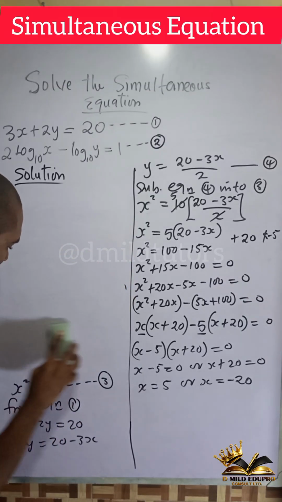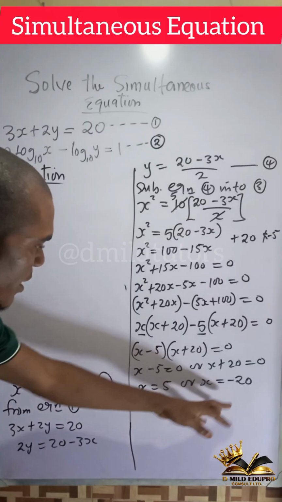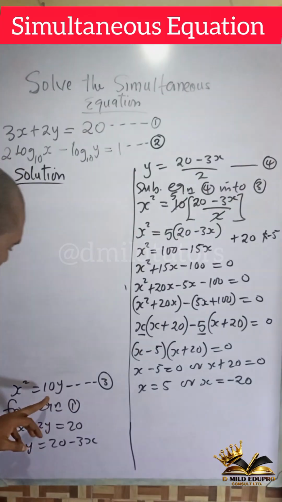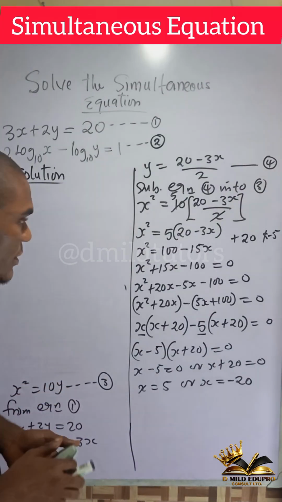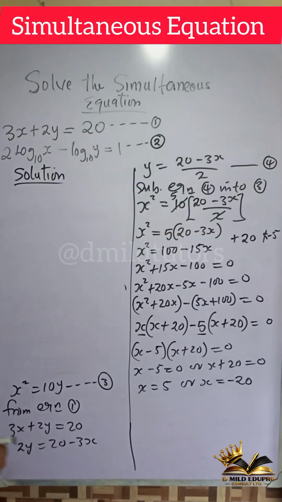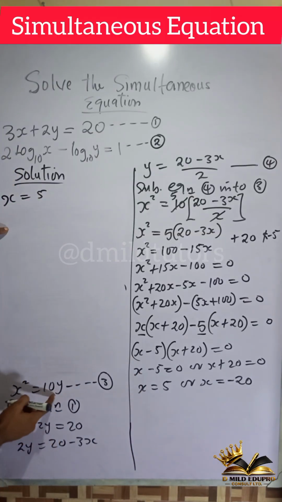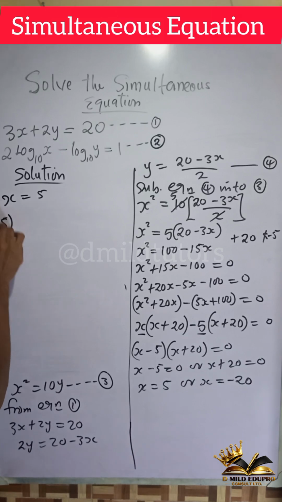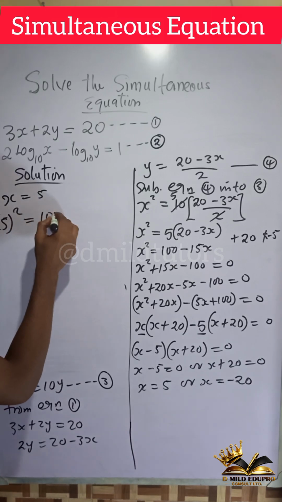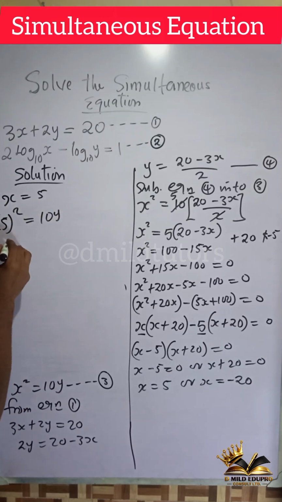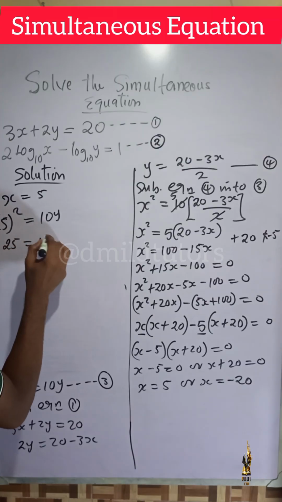So here, to get the value of y, we can now substitute each of these values here. And then furthermore, we simplify. Okay. So when x equals 5, in equation 3, we have 5 raised to the power of 2 equals 10y.